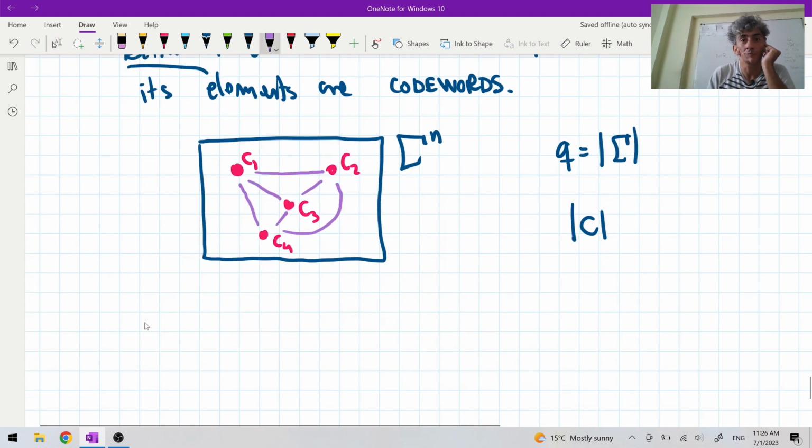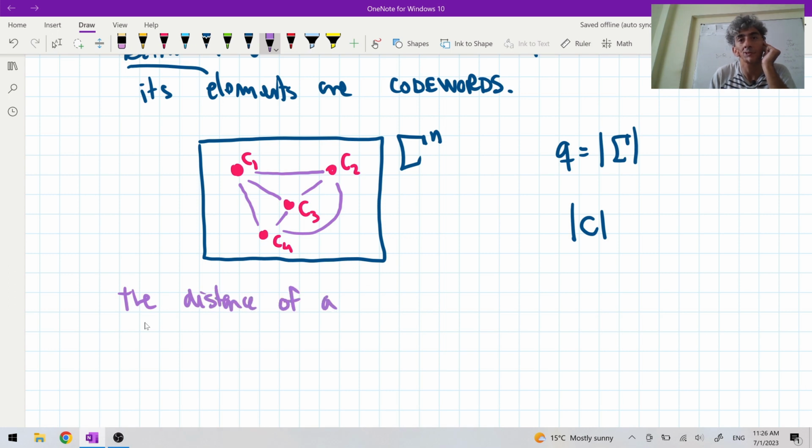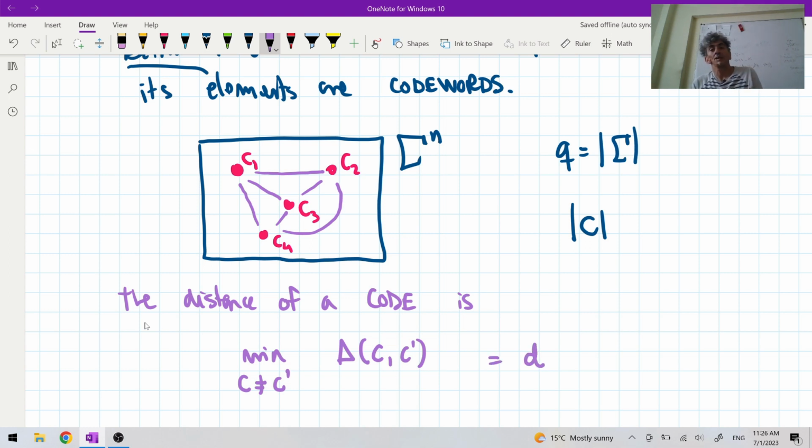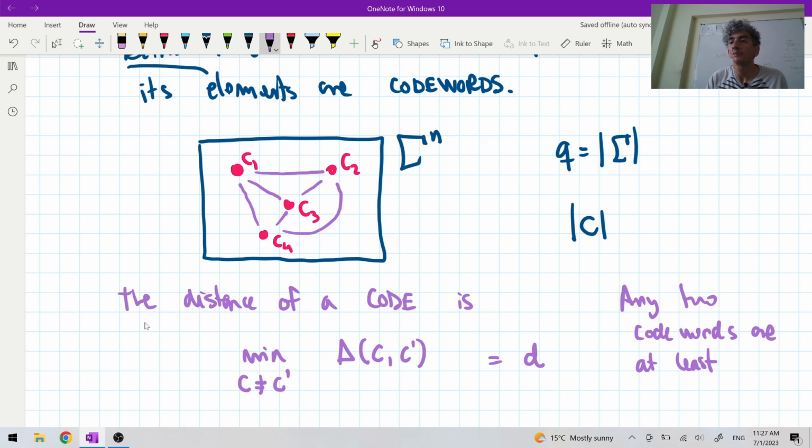So the distance of a code is the minimum, for C different from C prime, of the distance between C and C prime. We call this minimum D. That means that any two code words are at least D apart.